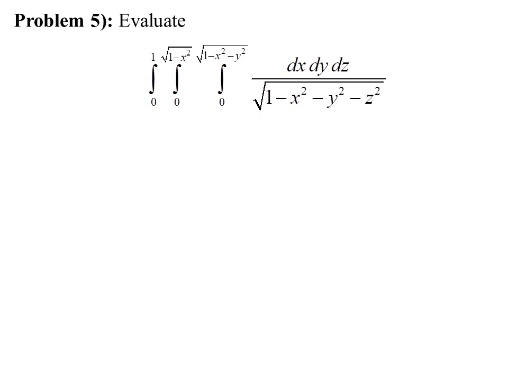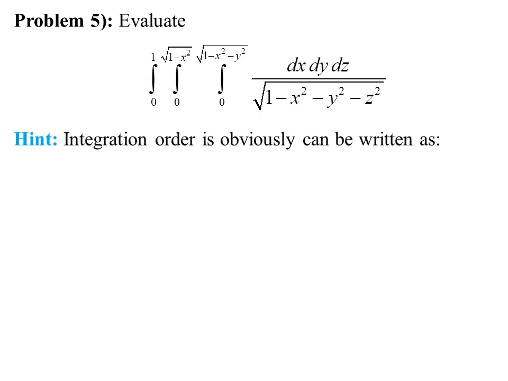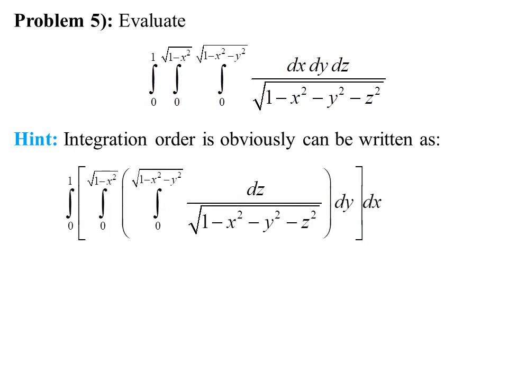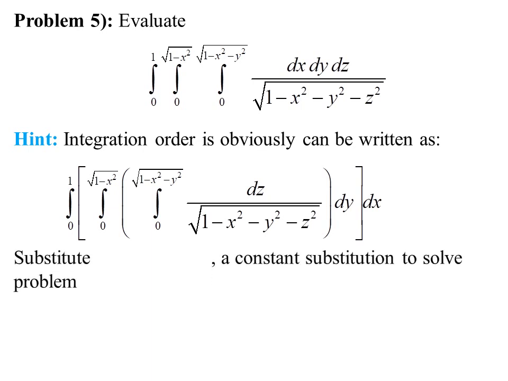So first we are integrating with respect to z, then with respect to y, and finally with respect to x. So our hint is this one only. So integration of order is obviously can be written in this way. So first we have to integrate with respect to z, the inner integration, then with respect to y, and finally with respect to x. One more hint I can give here.